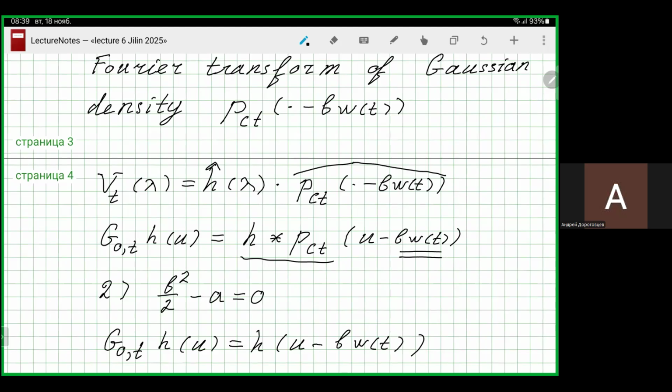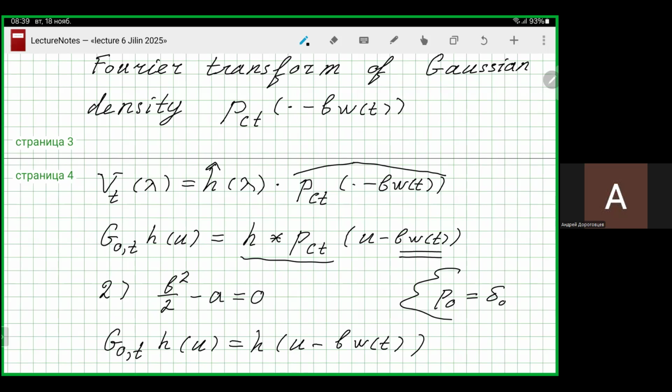You see, here everything is trivial. We already have such a representation, and it is consistent with the previous case, because in this case c is equal to 0, so we have p0 equal to the delta function at point 0, and then we have no convolution with the heat kernel. We just have a shift.